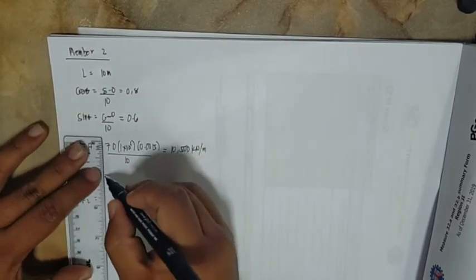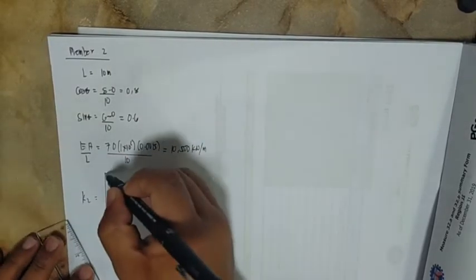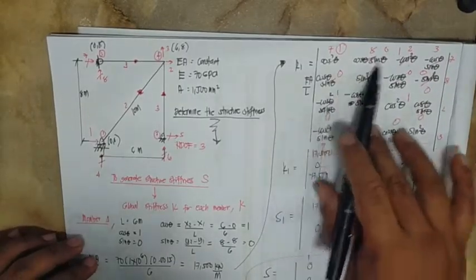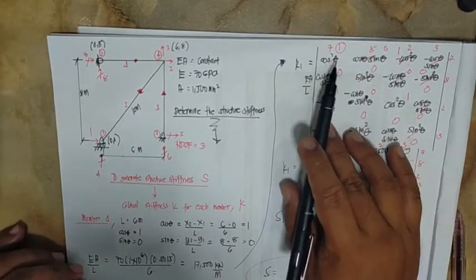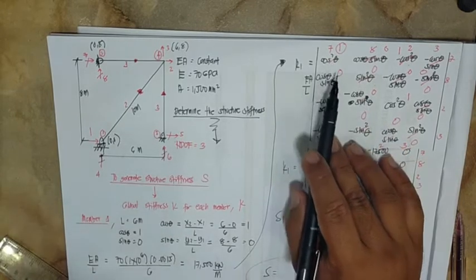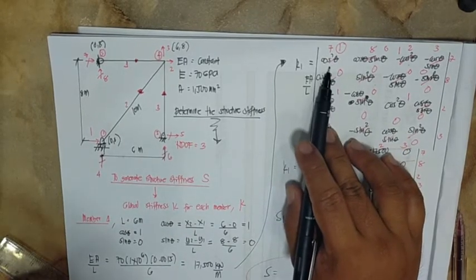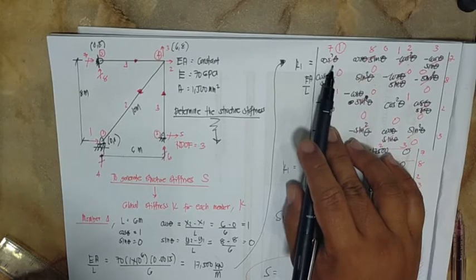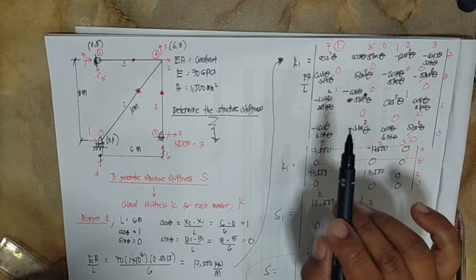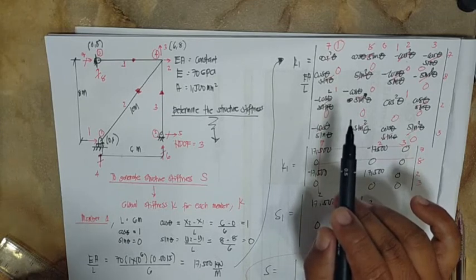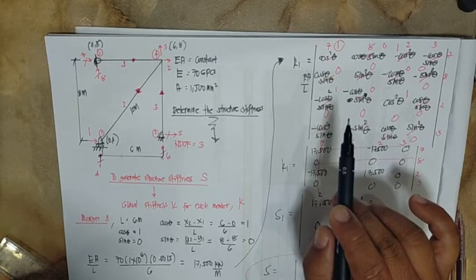So using the same formula with this one, of course, it will be your responsibility, just put the values, then multiplied by EA over L. Okay? And also, don't forget to write the basis.